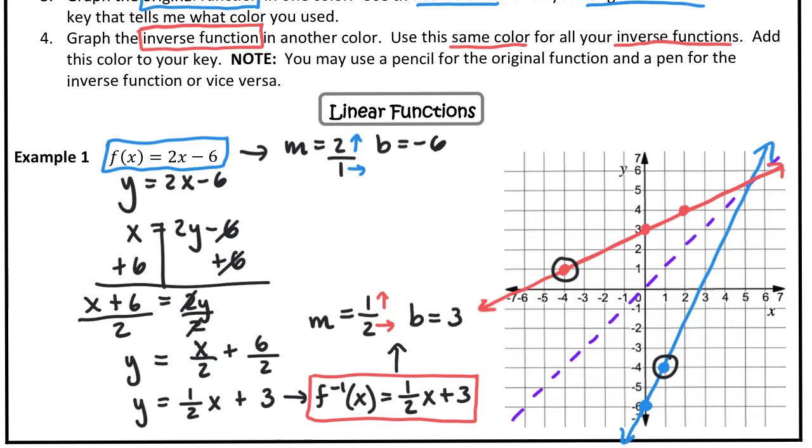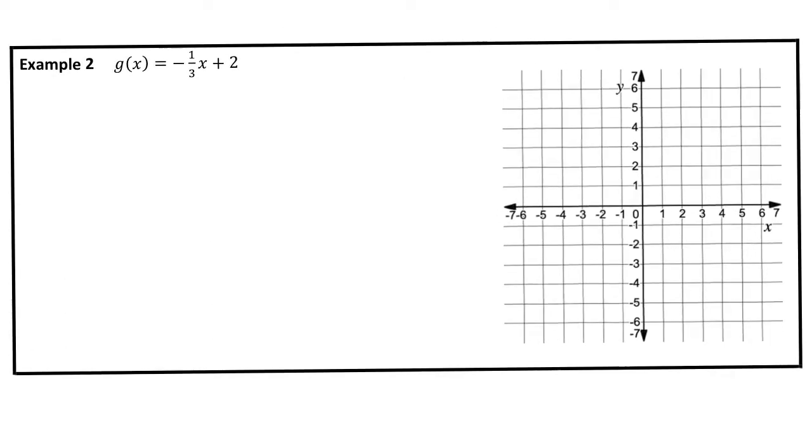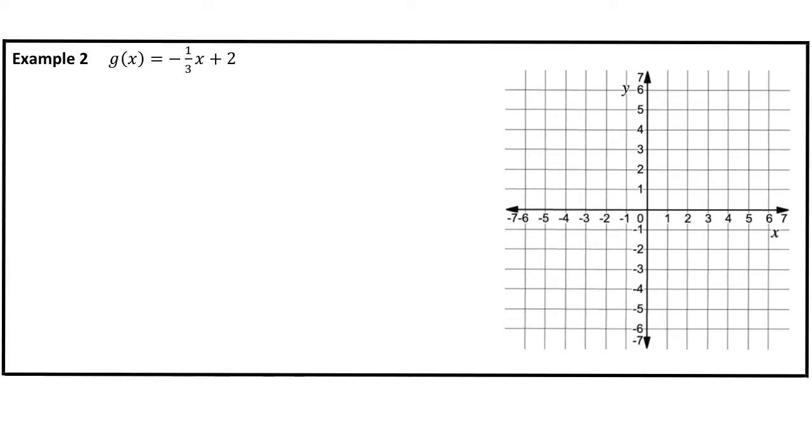So we're going to practice this again. Let's go over to example 2. So we're going to solve for the inverse. Step 1 in solving the inverse algebraically, change g of x to y.